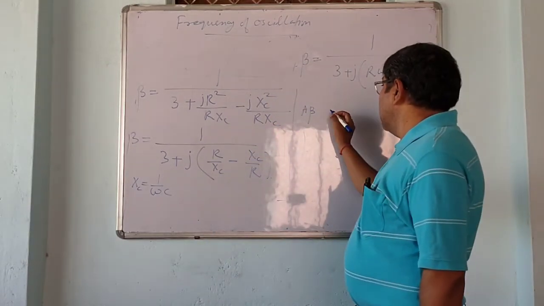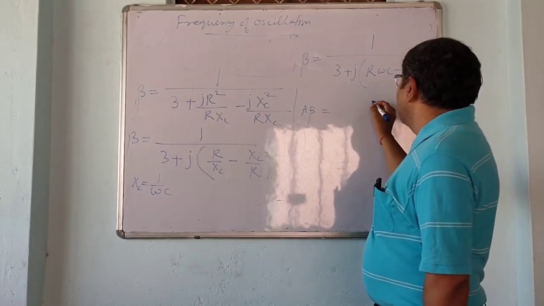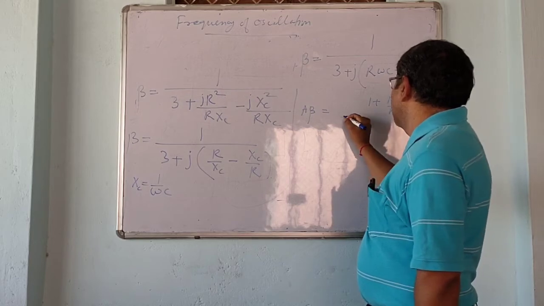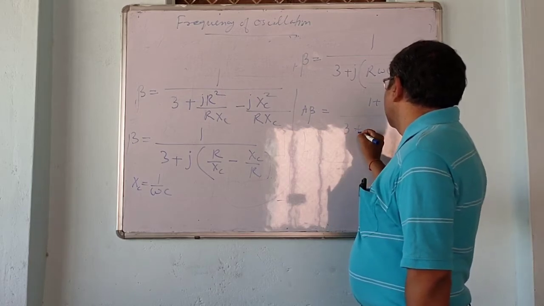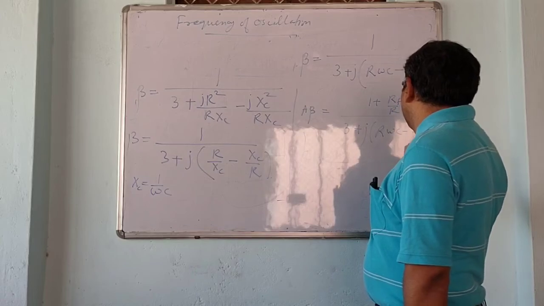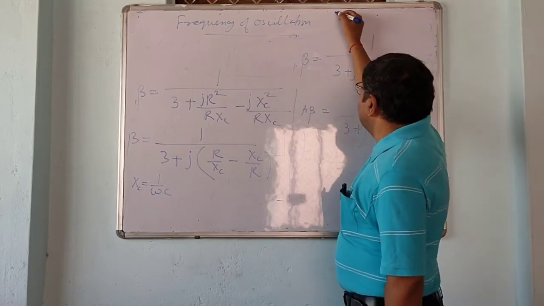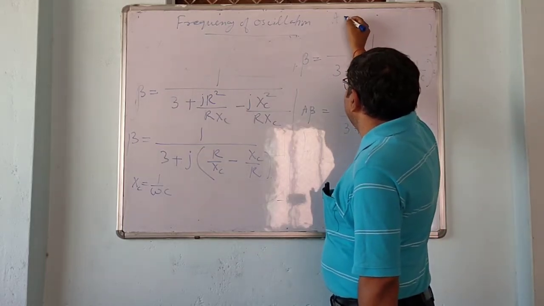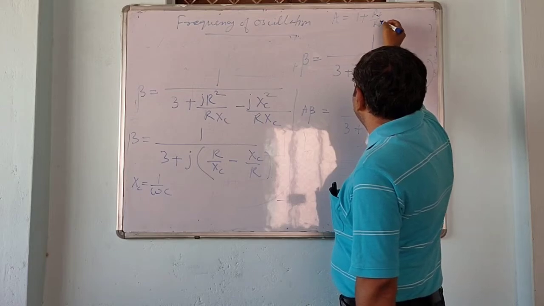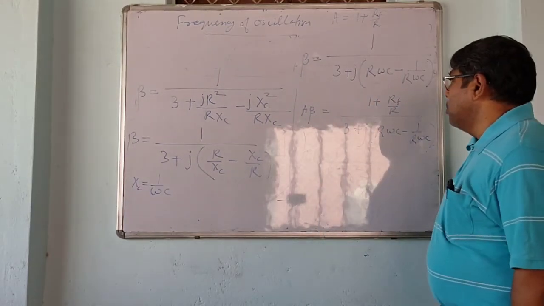A beta is 1 plus RF upon R upon 3 plus this. Why? Because gain of amplifier is this 1 plus RF upon R, because we are using non-inverting part.